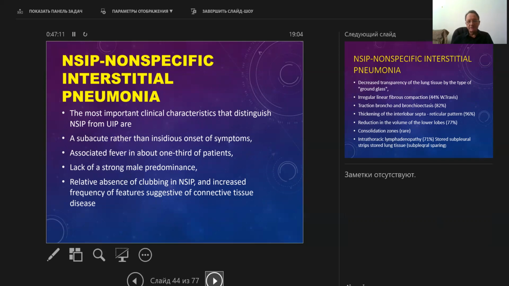And relatively absent clubbing, increased frequency of features suggestive of connective tissue disease. By the way, if we detect features suggestive of connective tissue disease, it's not primary, not idiopathic non-specific interstitial pneumonia, it's secondary due to connective tissue disease, for example, often systemic scleroderma.